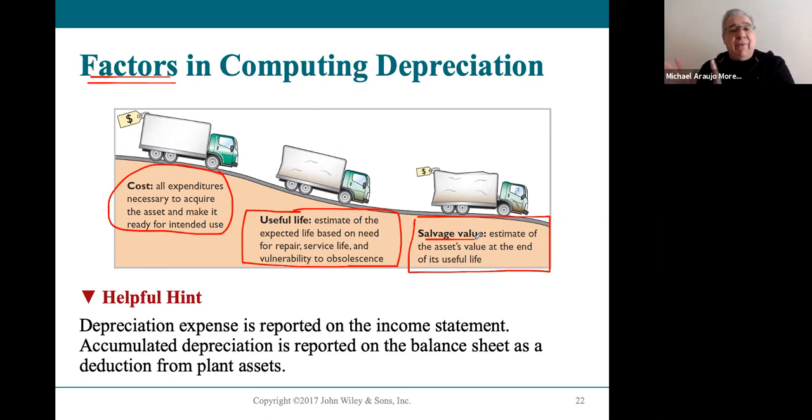So salvage value could be zero for some instances, but in many instances, it's going to have some type of small value at the end. So these three concepts are important to understand depreciation. The cost of it, how long are we going to use it? Useful life is going to be in years, mostly. And once we're done with it, is there a salvage value to it? Again, for some assets, yes. For some, no.